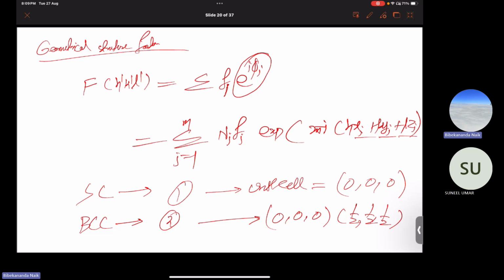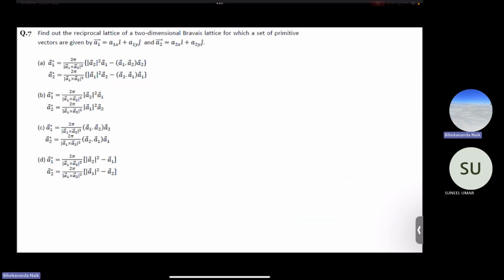Then similarly for face center cubic. So if you calculate for simple cubic, what will be the value? Let me add another slide.